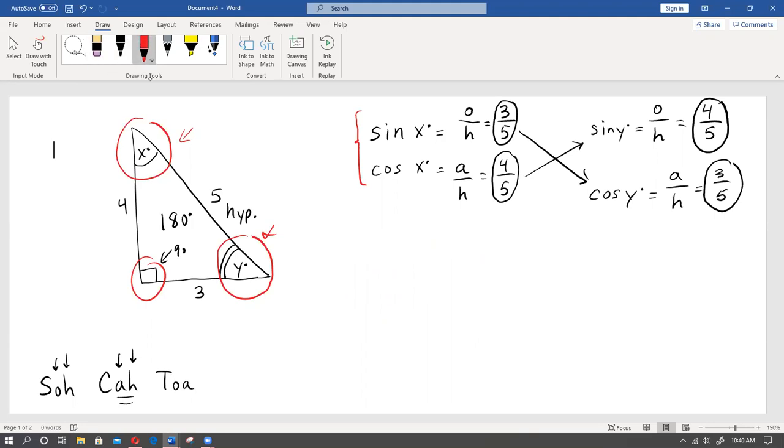If X plus Y equals 90 degrees, then the sine of X equals the cosine of Y, and the cosine of X equals the sine of Y. Okay, so you want to remember this formula for the SAT. They don't give it to you.